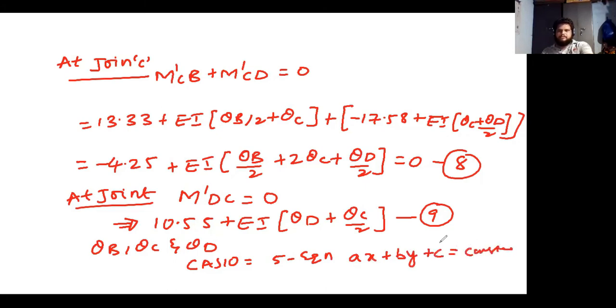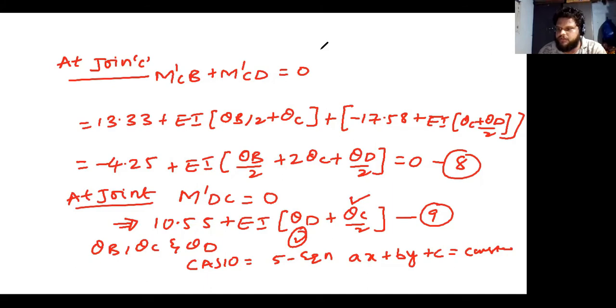You take this and solve, you will be getting theta B, theta C and theta D values. For which equations will you solve? Not 6, 7, 8 and 9, you have to solve for 7, 8 and 9. Once you solve them you will be getting theta B and theta C. Once you know theta C, you substitute it here and you will be getting the theta D value. So this is how we have to calculate.